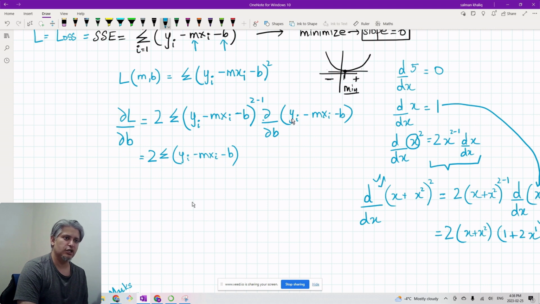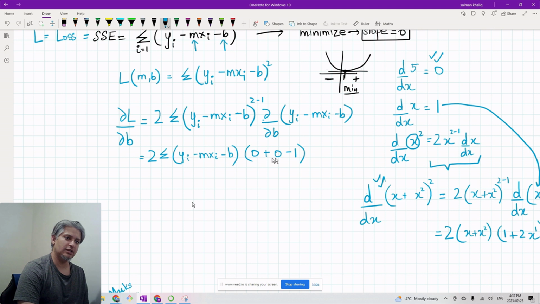Yi doesn't have b in it, so the derivative of a constant is 0. You will get a 0 here for this term. Minus, this value doesn't have the b variable, so the derivative over here would be 0. This one has, so negative of this: the derivative of x with respect to x was 1, the derivative of b with respect to b would give you 1.